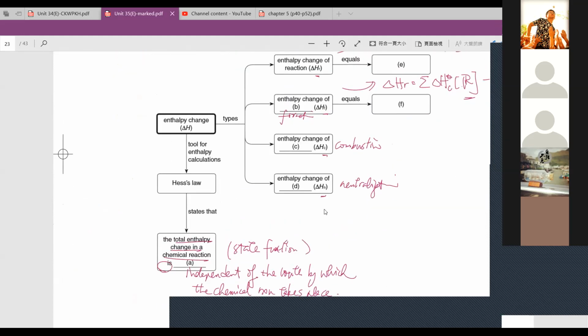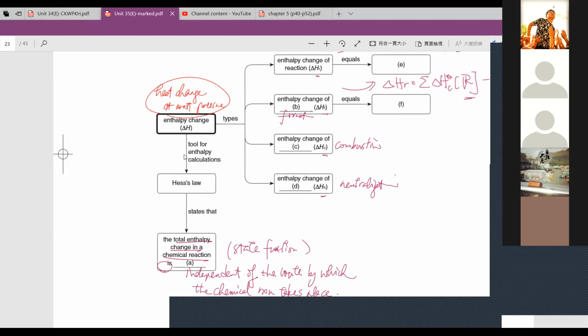Enthalpy change is calculated as the heat change under constant pressure. So that's why we come to so many different examples.